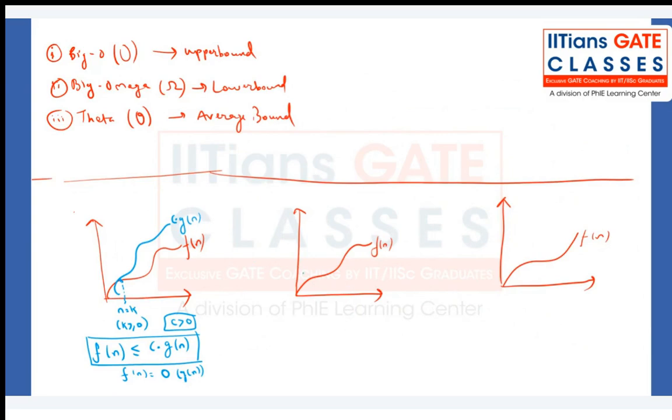Now, similarly, if you want to define omega, how do we do that? Suppose this is another g of n, and you have another constant, same as before: for n equal to k, k greater than or equal to 0, if f of n is always greater than or equal to some constant c into g of n, then we can say that f of n is omega of g of n.